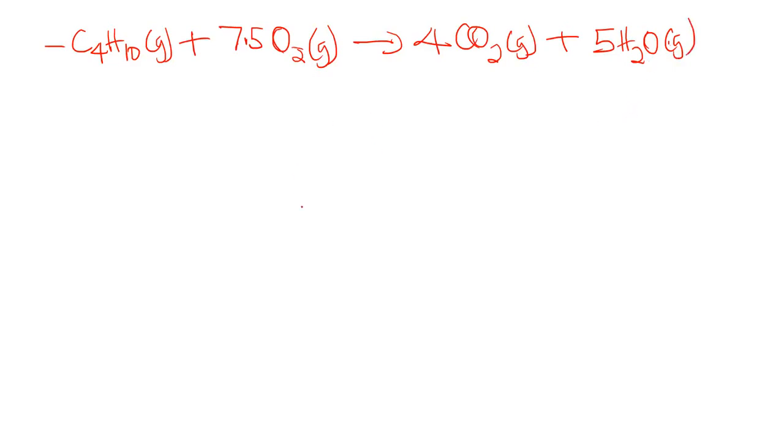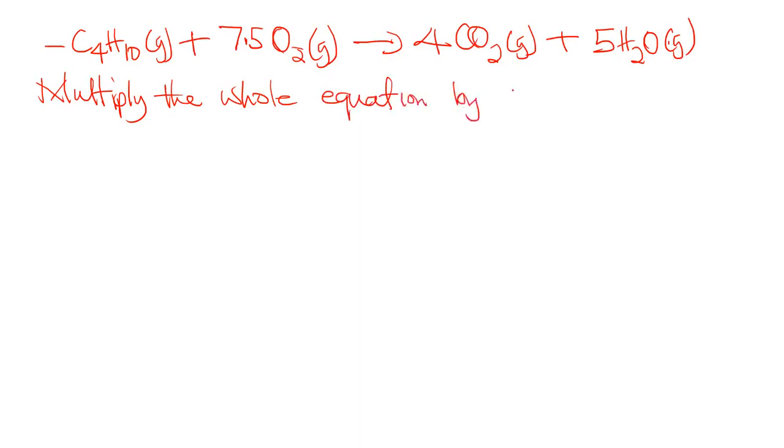Now, you don't want to have fractions in your equation like 7.5. So what you want to do is multiply the whole equation by 2 to get rid of 7.5.